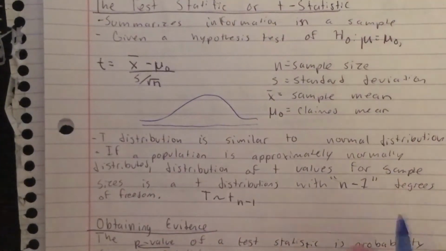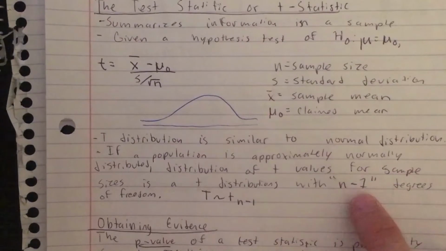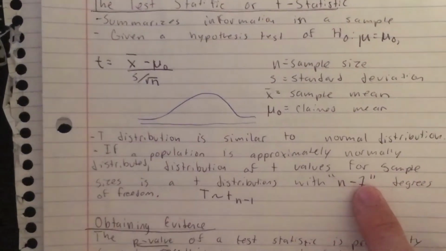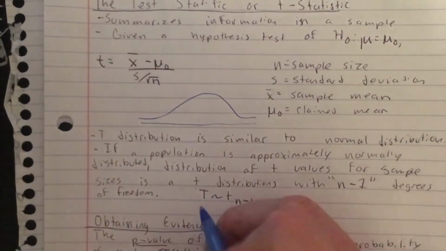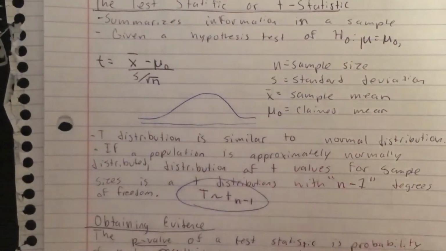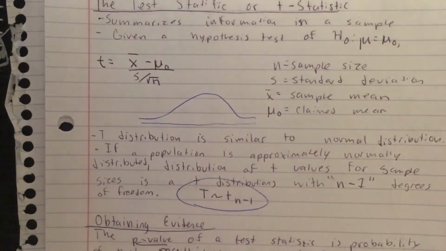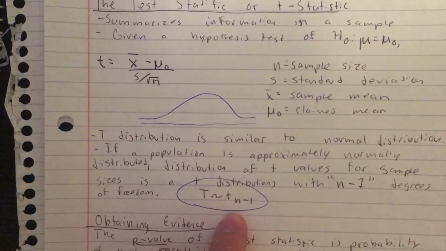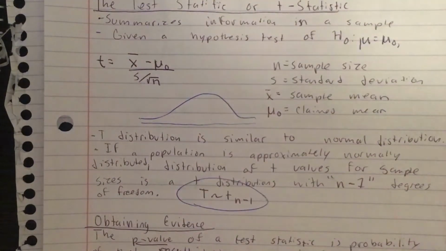Whatever your sample size, to calculate the degrees of freedom, all that you're going to do is subtract 1 from the sample size. The way that we would denote a t distribution is with this notation, where we have a t-test statistic with n-1 degrees of freedom.